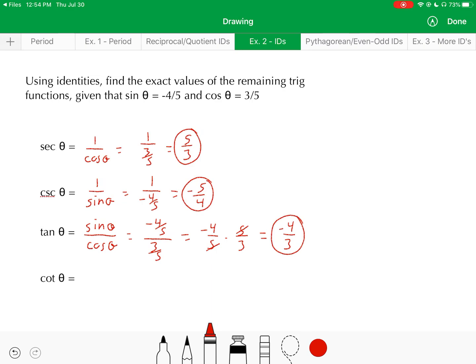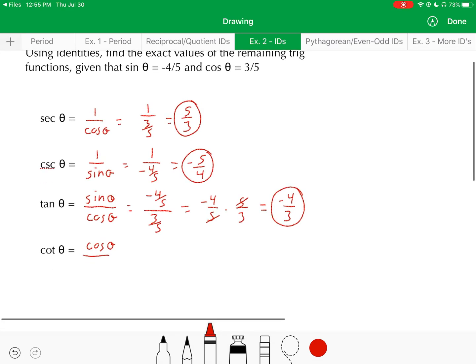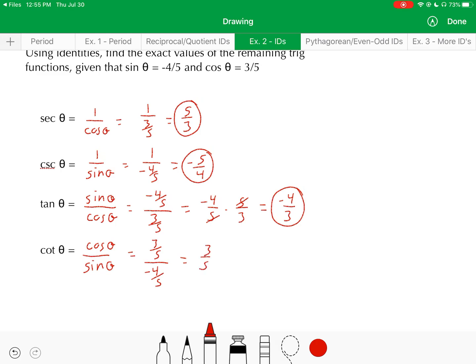And then cotangent, I could take pretty much the same approach. Think of it using a quotient identity as cosine over sine. So that's 3/5 divided by negative 4/5, which is 3/5 times negative 5/4. The 5's reduce away, and you're left with negative 3/4. Okay.